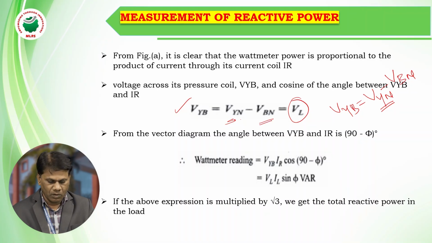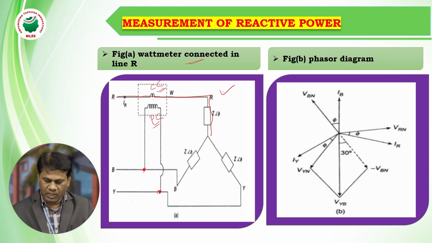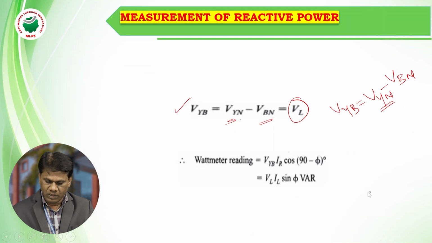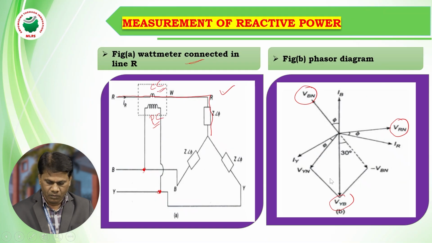Now we will calculate. Taking VRN, VYN and VBN, these are the voltage between R phase and neutral, Y phase and neutral, and B phase and neutral. For each voltage there is a 120 degree phase shift in a three-phase circuit.